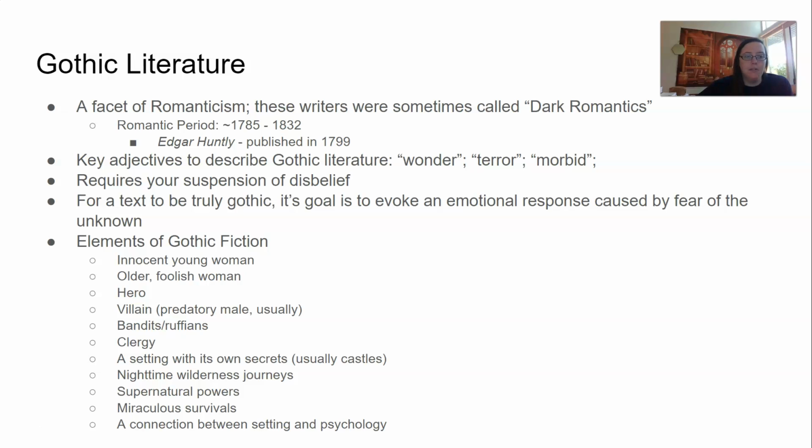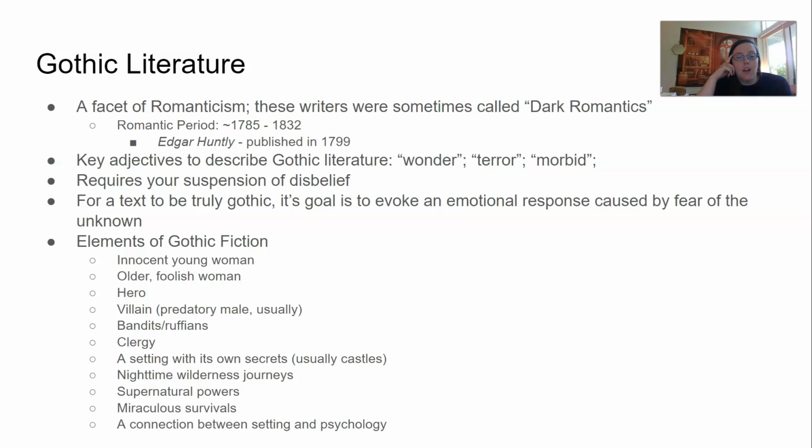There are the outlaws, bandits, ruffians, that type of group of individuals. We usually see these as secondary characters. Sometimes there's clergy, especially if we're talking about American Gothic literature that is questioning Puritan ideals, maybe some Hawthorne, something like that.